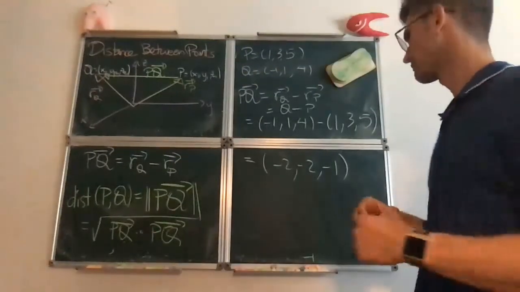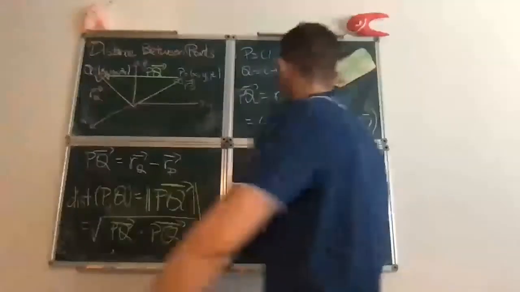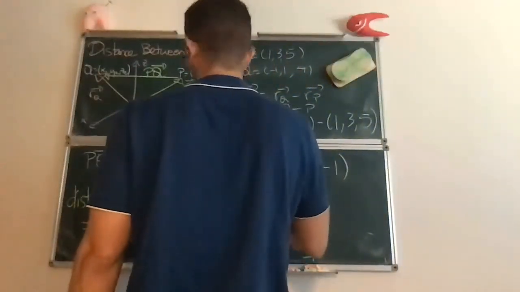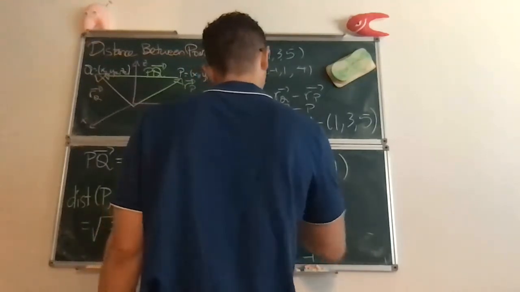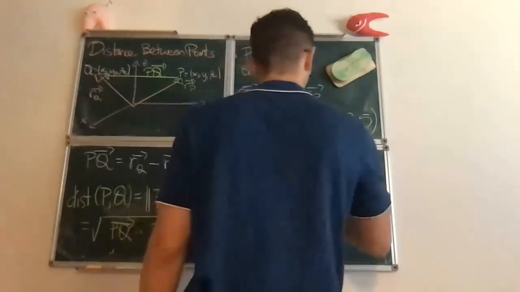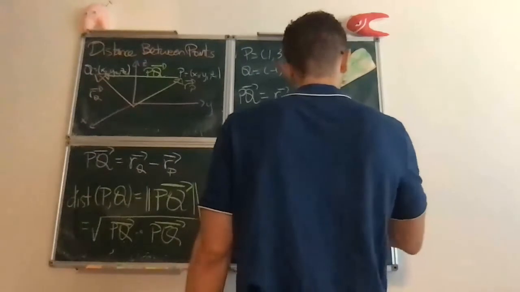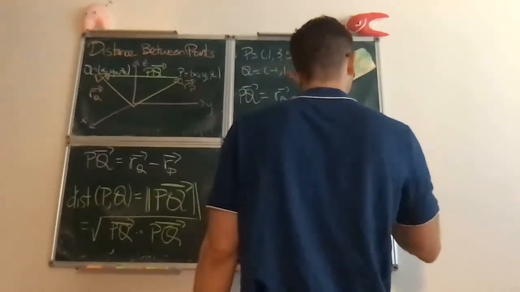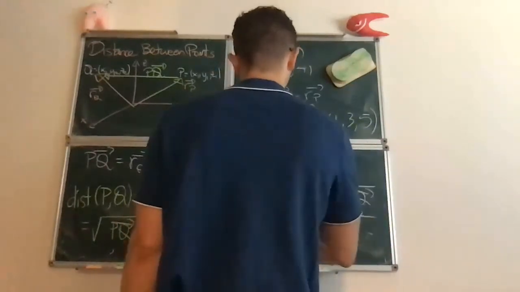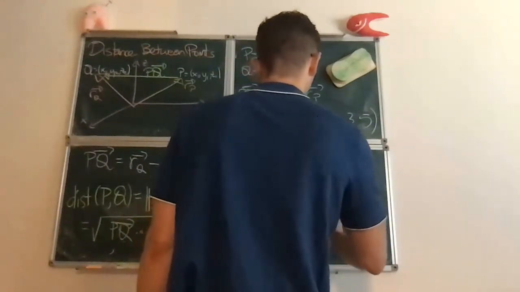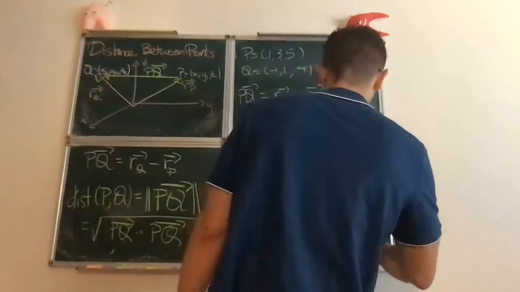Okay? And then the distance between P and Q will just be the square root of the dot product of PQ with itself. So it will be the square root of negative 2, negative 2, negative 1 dot negative 2, negative 2, negative 1.